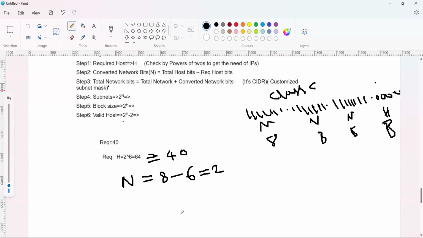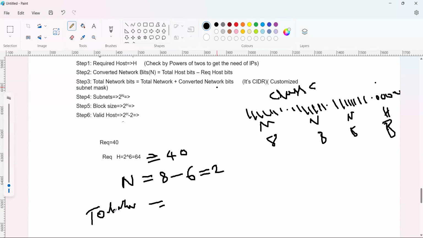Now coming to step 3, total network bits. For the total network bits, it is total networks plus converted bits.